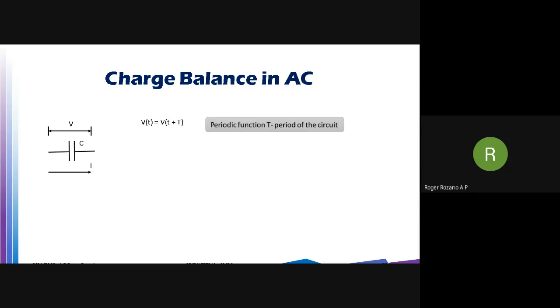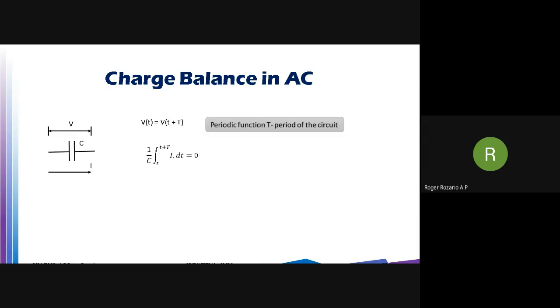And if you are going to use the capacitor in this periodic AC circuit, let us see what is going to happen. If you use this capacitor in a circuit applied with a periodic input voltage, the voltage equation of the capacitor v of t will be equal to v of t plus T, where capital T is the time period of the circuit.